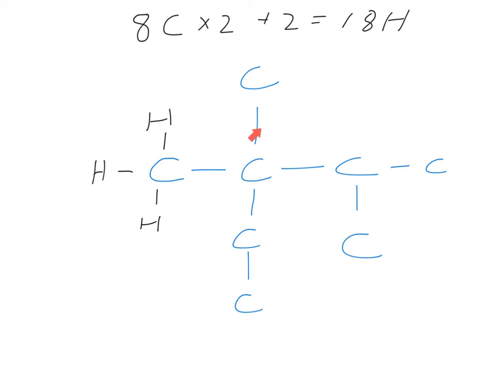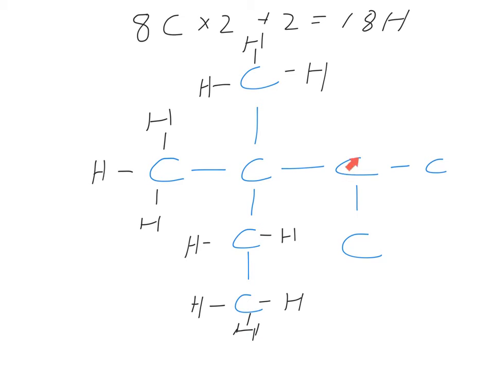This carbon is only participating in 1 bond, so it can have 3 hydrogens. This carbon is participating in 2 bonds, so it can have 2 hydrogens. This carbon is participating in 1 bond, so it can have 3 hydrogens, right? We're going to give each carbon hydrogens until it has 4 bonds.